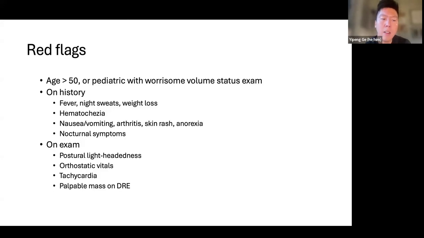And on exam, postural lightheadedness, orthostatic vitals, which we talked about, tachycardia, and palpable mass on digital rectal exam. Some of these things are really because the body is not compensating well from the fluid losses from the diarrhea, and perhaps they need more monitoring and more supportive management, to ensure that they don't continuously lose more fluids than what they're able to put in.